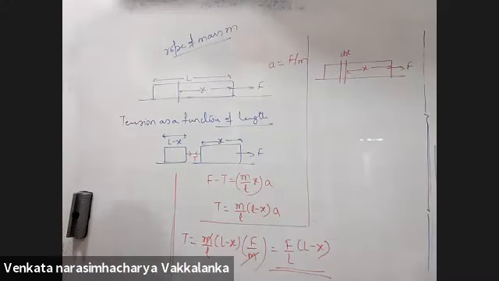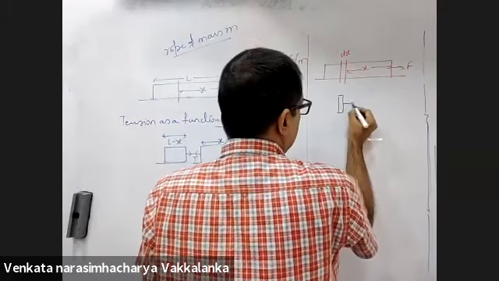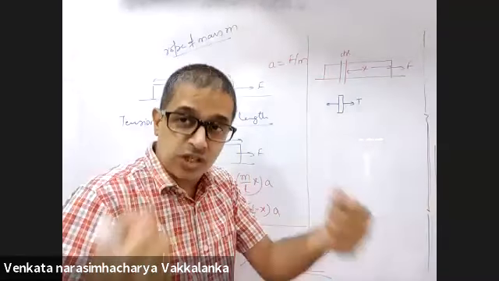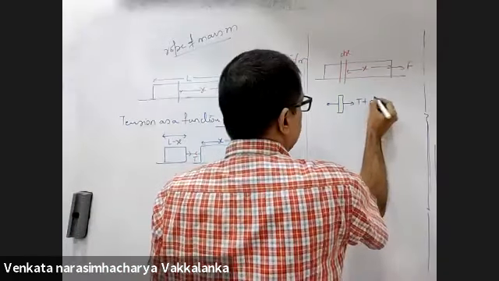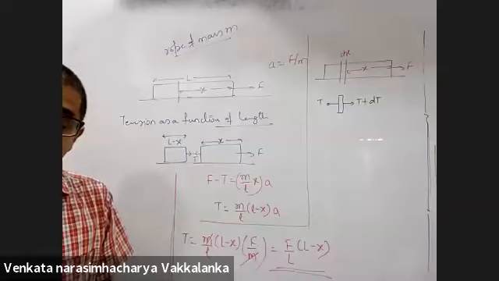Now this element dx will be pulled to the right and to the left. Tension will always stretch the body. This will be T plus dT, and this will be T on the small element dx.